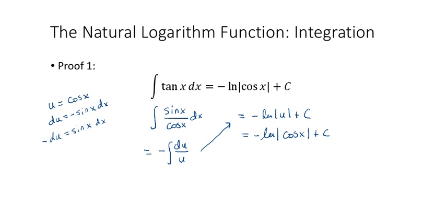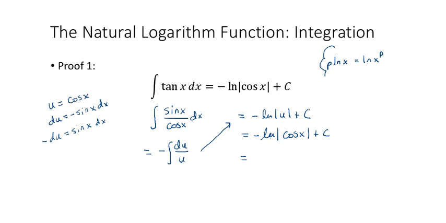I'll point out that there is another form that we often express this in. We take that negative that's in front of the logarithm using the power property of logarithms, right? Remember, we have a property that says if we take p times the natural log of x, it's the same thing as the natural log of x raised to the p power.